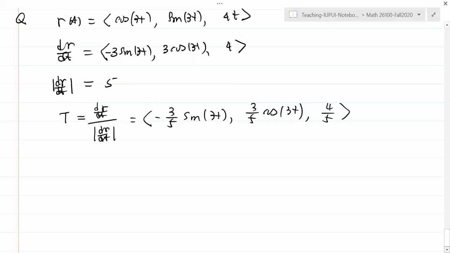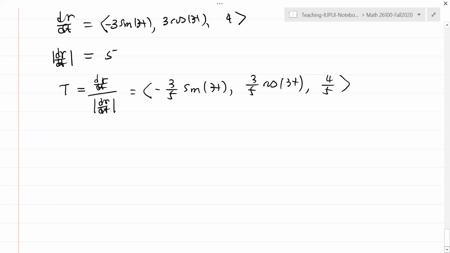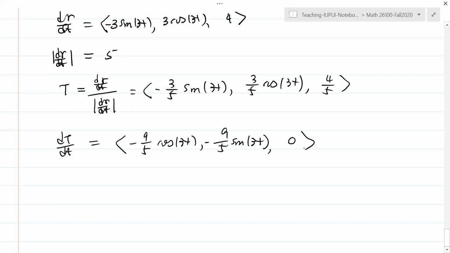All right, now according to our formula, I needed to find the derivative of capital T with respect to t. So sine becomes cosine, and the negative 3 times 3 is 9 over 5. And this will be 9 over 5 negative sine 3t. And the third term is 0.